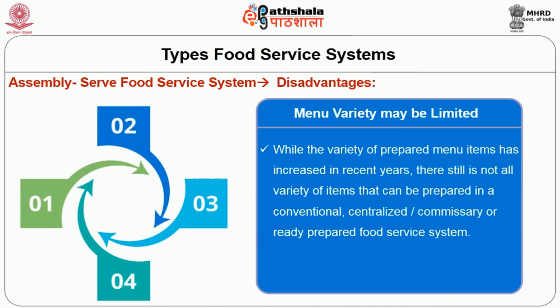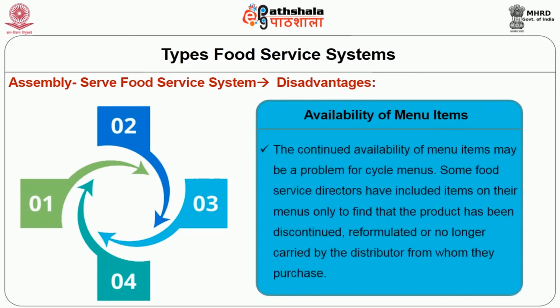While the variety of prepared menu items has increased in recent years, there is still not all the variety of items that can be prepared in a conventional or commissary or ready prepared food service system. Availability of menu items. The continued availability of menu items may be a problem for cycle menus.